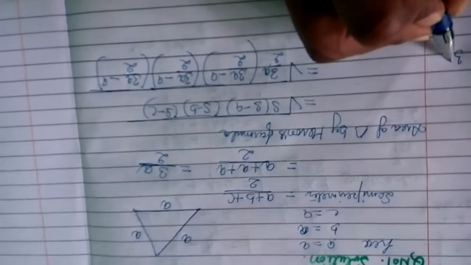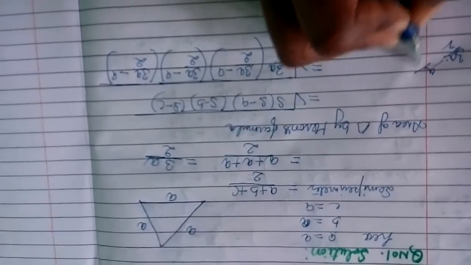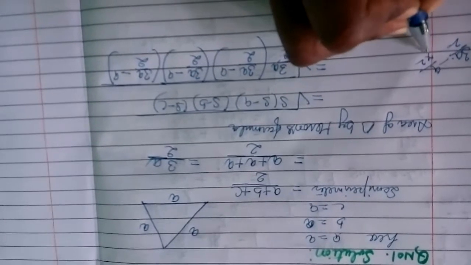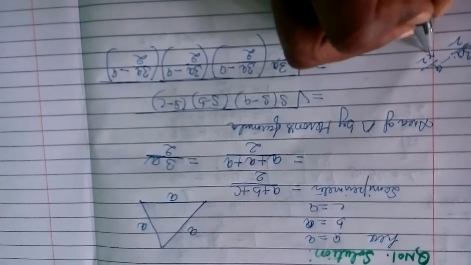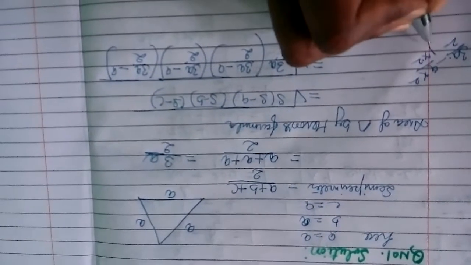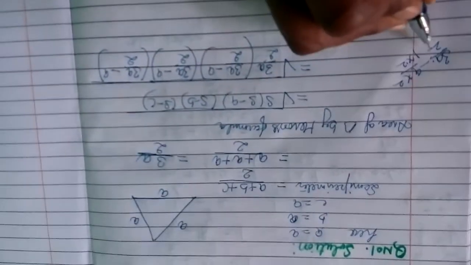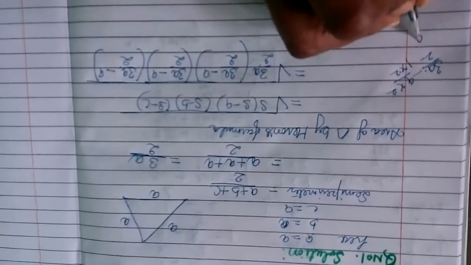Now when we do the calculation for 3a upon 2 minus a, the denominator is 2, so the LCM will be 2. To make this 1 into 2, we multiply this by 2, and we also multiply the other by 2. So you'll get 3a minus 2a, which gives a by 2.